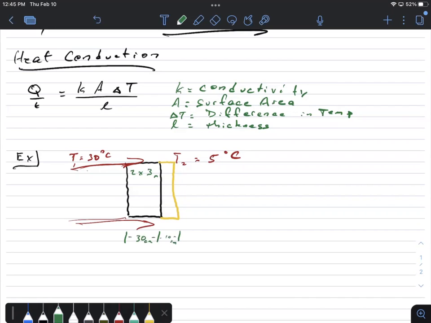So although it's the same size in terms of length and width, the thickness might be different. Also, let's say the conductivity of the first piece is 200, whereas the conductivity of the second piece may be 50.